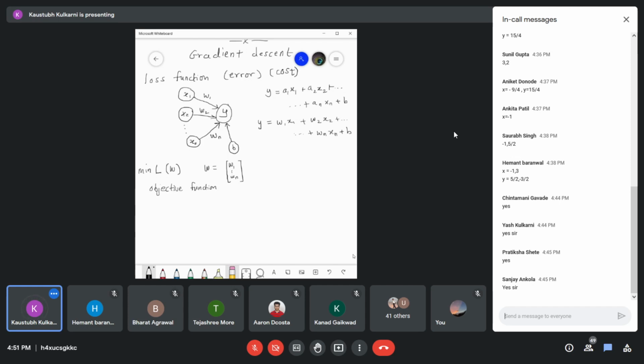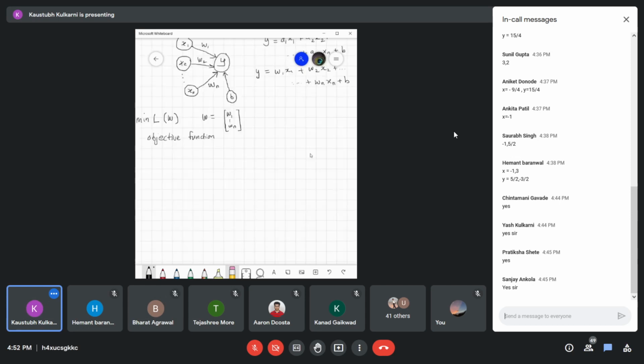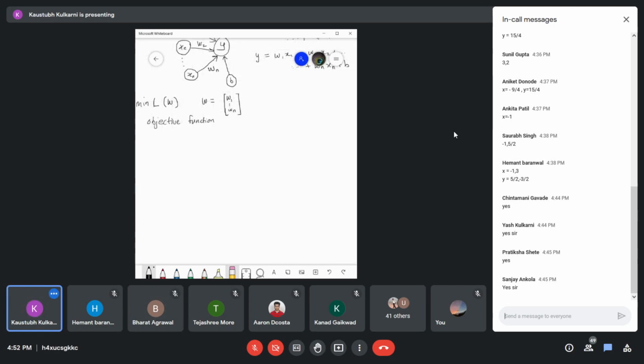In this case we have to minimize because it's loss or error or cost. But if it is profit or output or some productive kind of thing, then we'll have to maximize it. But here let's focus on gradient descent, which focuses on minimizing the loss or the error function.